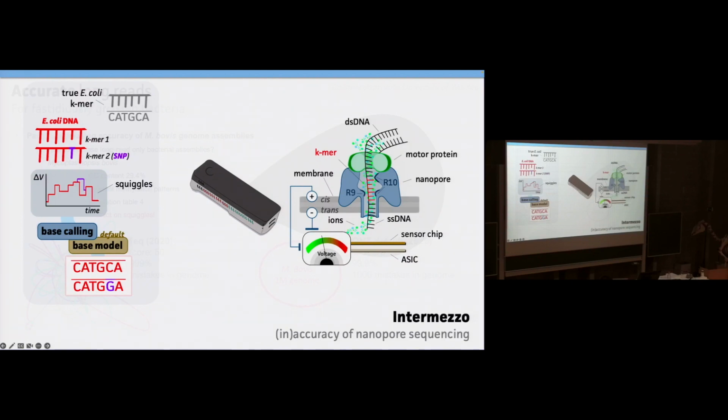That's what they call them. If we base call them and convert these squiggles to the ACTG code, we get the true reference. We don't get any errors. Even if there's one mistake or one mutation indicated in purple, we know that the model will be able to very accurately get it out.